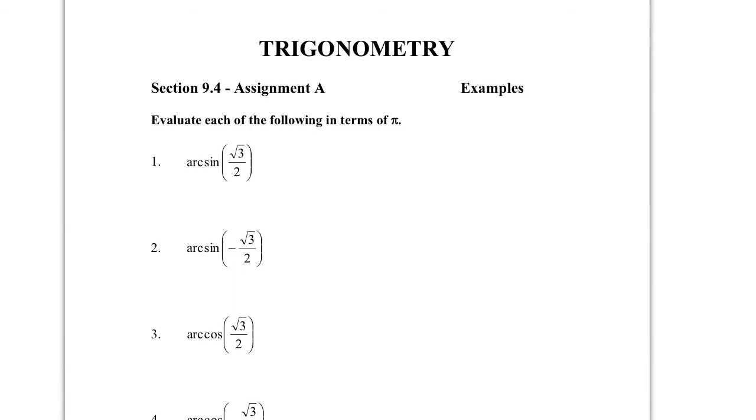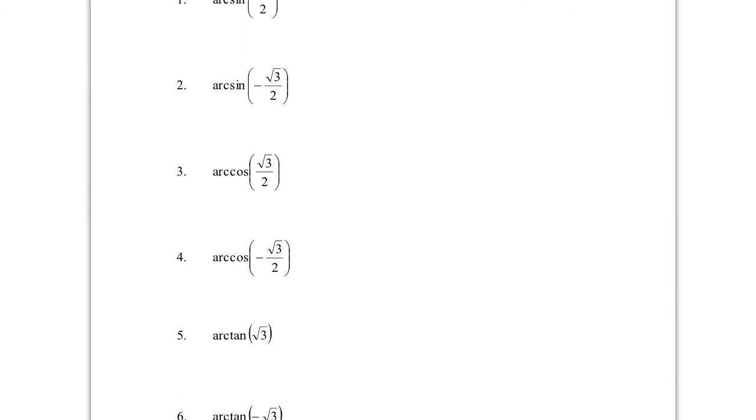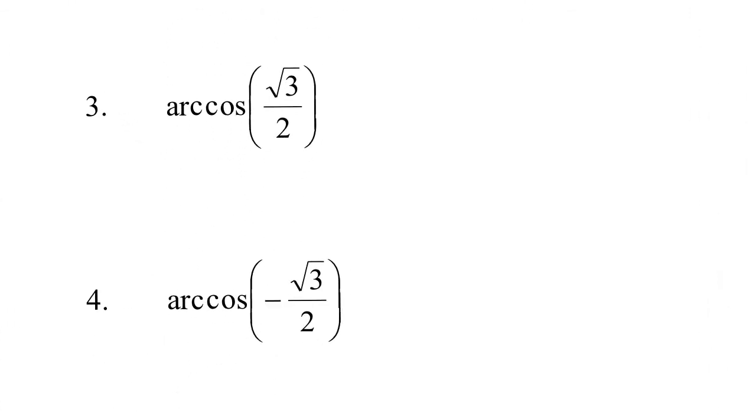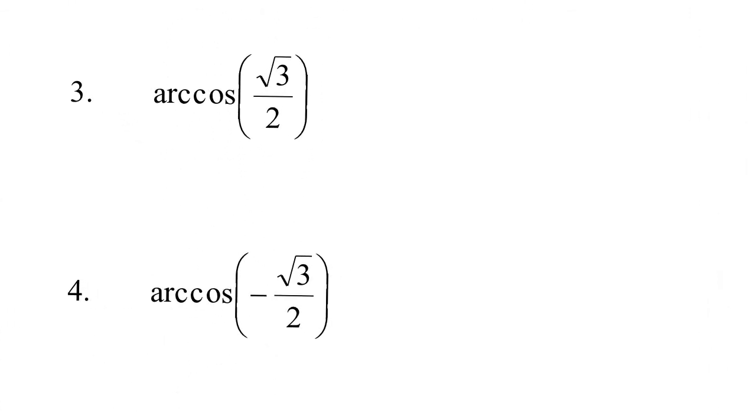On your paper today, I worked just a few of these from yesterday's example sheet, but one that got by me was number 3. We should look at number 3 quickly. I don't think I did this but for one class. We're looking for an angle whose cosine is the square root of 3 over 2, which tells me the x is the square root of 3 over 2, and the y would be 1/2.